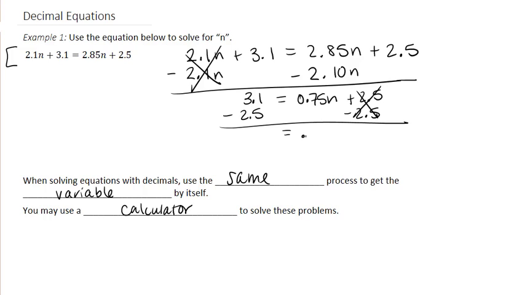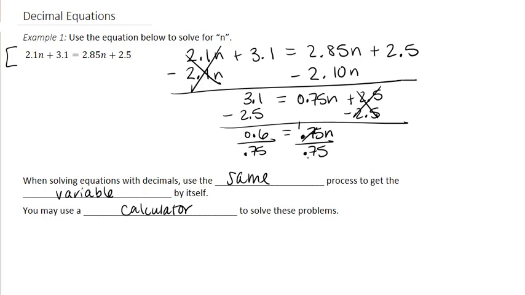So on the right hand side, we're just left with 0.75n. And then we have 3.1 minus 2.5, which is equal to 0.6.